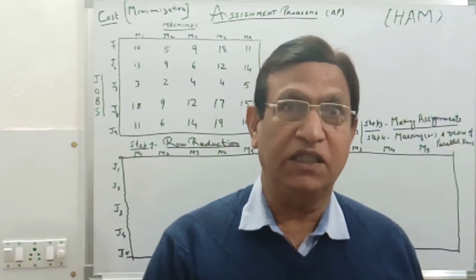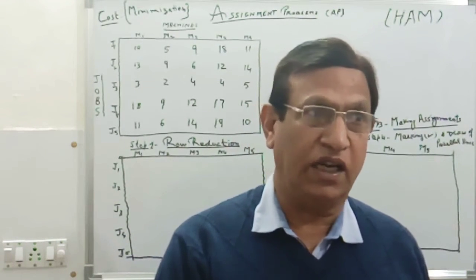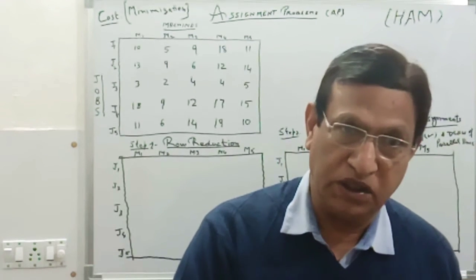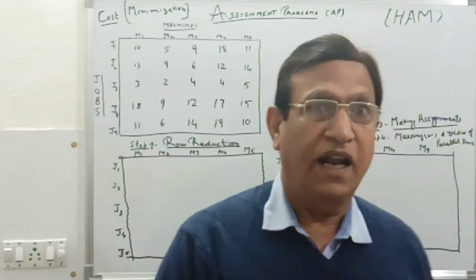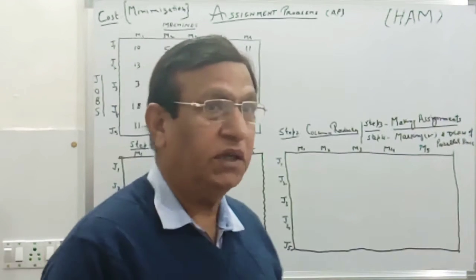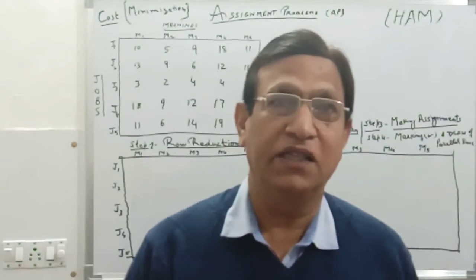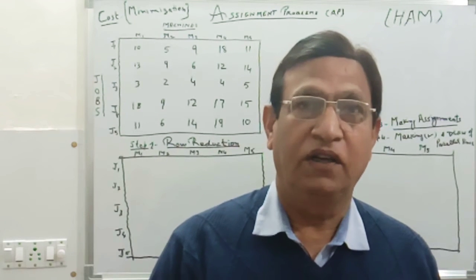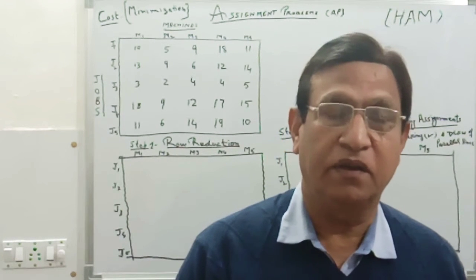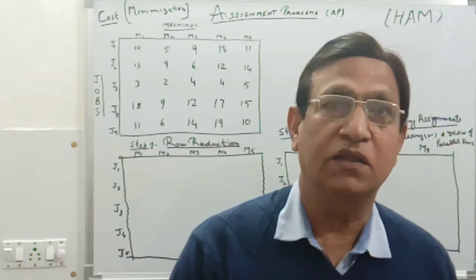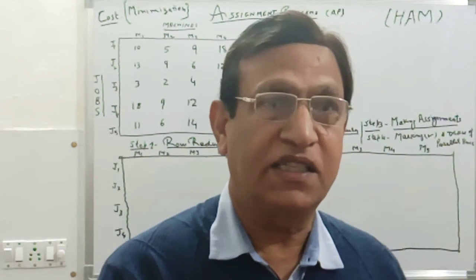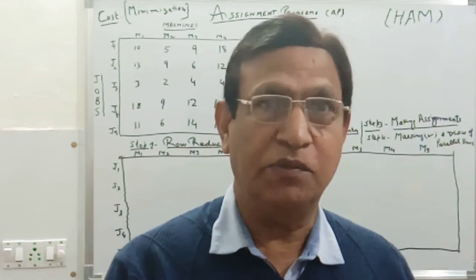So maximization is there, and we have to select that we want to do this maximization. And what do we want to minimize? We are always interested to minimize our cost. We are interested to minimize our time, our distance, our wastages. So this is the objective.